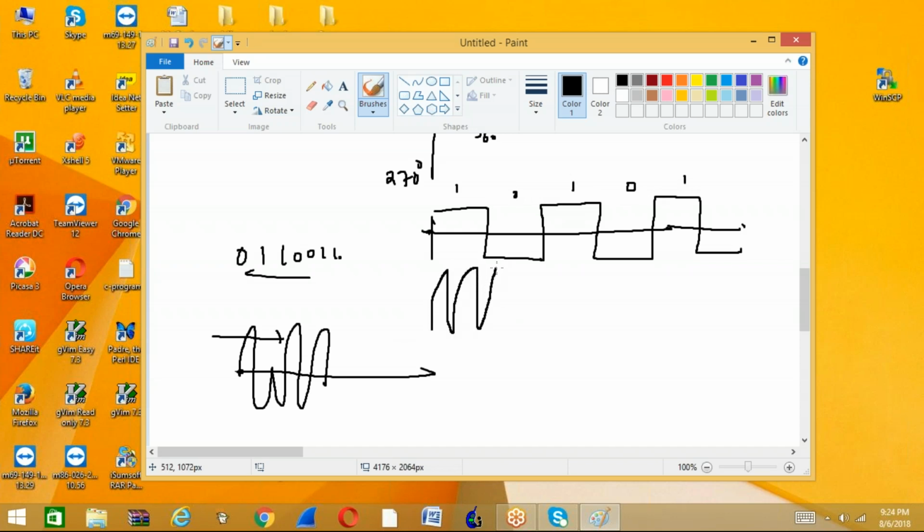There was a phase shift at this particular point, after 180 degrees. Presuming this is 0, this is 180 and this is 360, at around 180 degrees there is a phase shift. Again I come to this point, and again I have a phase shift, right?